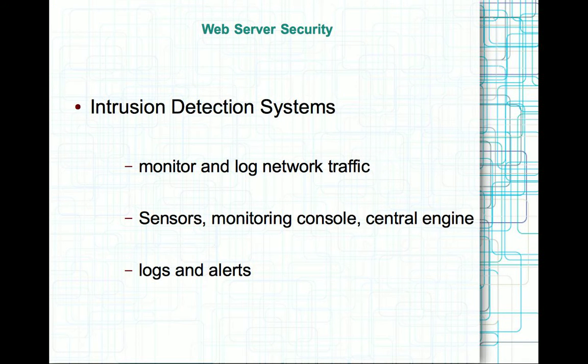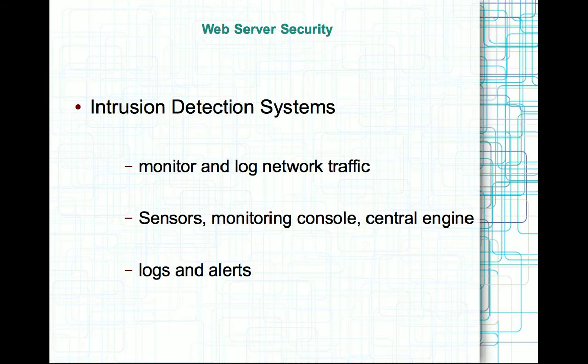Next we have a look at intrusion detection systems. What do they do? Well, they monitor and log network traffic. They use sensors, monitoring consoles and central engines to do so.